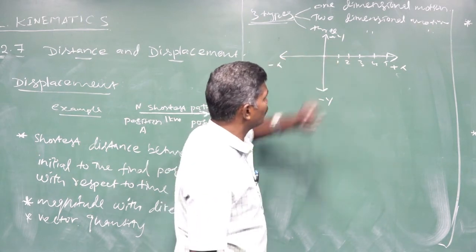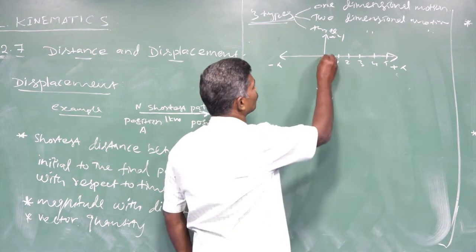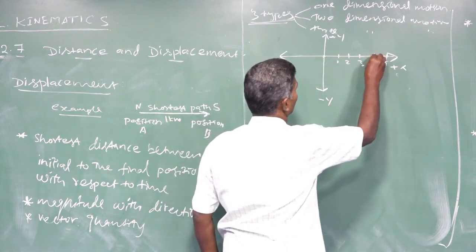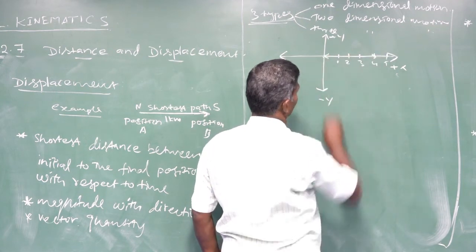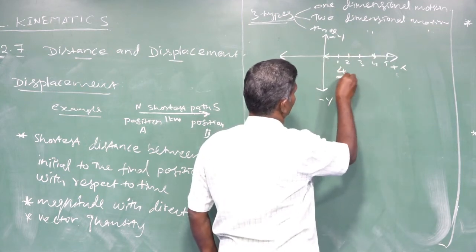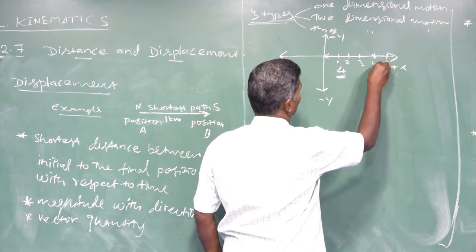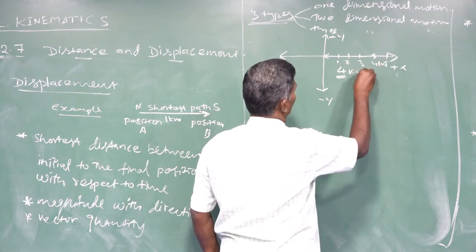Only the x value changes. Between the initial and final position, the total length may be taken as 4, in kilometers, so 4 kilometers.